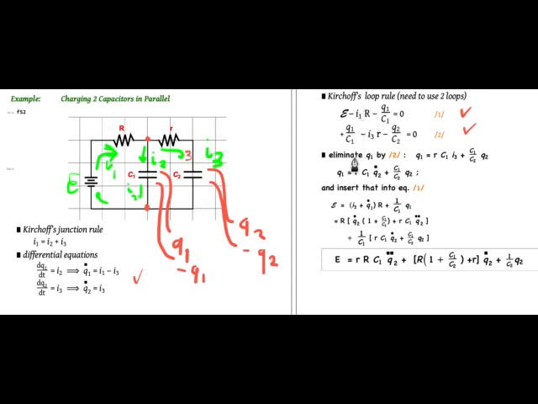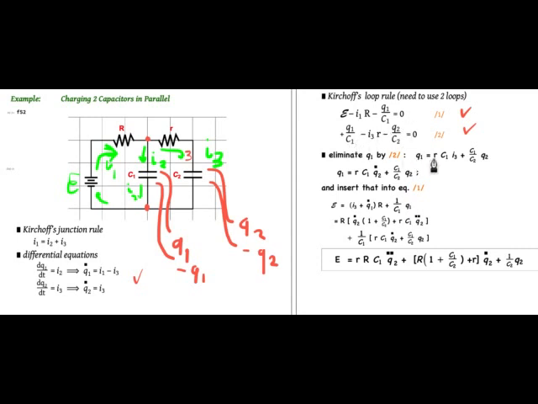Now we can start by eliminating Q1 using equation 2. We see from equation 2, Q1 is equal to I3 R times C1 plus Q2 over C2 times C1.